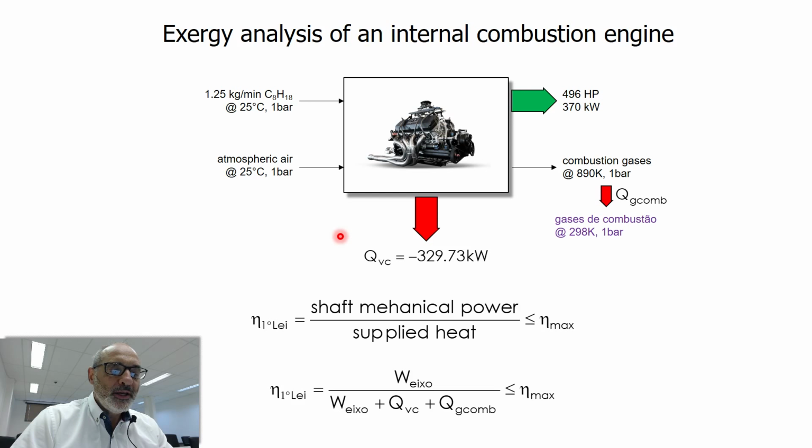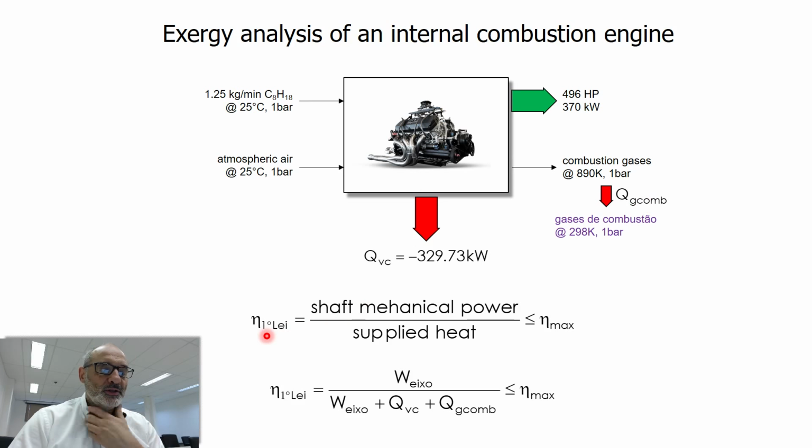We already calculated that the amount of heat removed, let's say artificially removed, is 329 kilowatts. But we also have some heat associated with the combustion gases because they are at a higher temperature than the entrance temperature, 25 degrees. We're going to assess this in a moment.